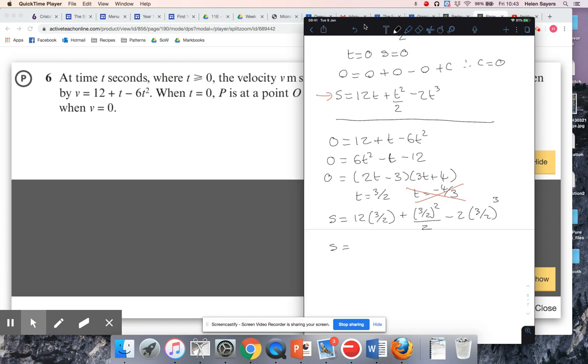Stick that into my calculator. Okay, and I get that to be 12.375, so 12.4 to 3 significant figures.